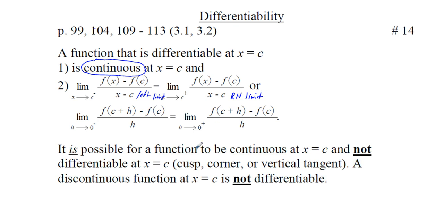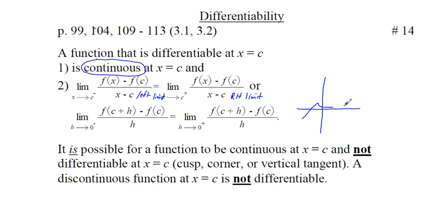It is possible for a function to be continuous at x equals c and not differentiable at x equals c: a cusp, a corner, or a vertical tangent. A cusp is kind of a weird thing. It's not exactly a corner, but it's sort of a jagged edge.